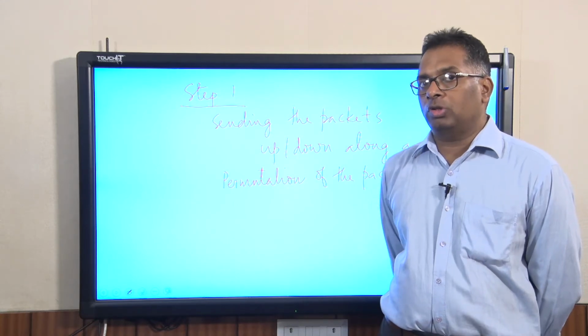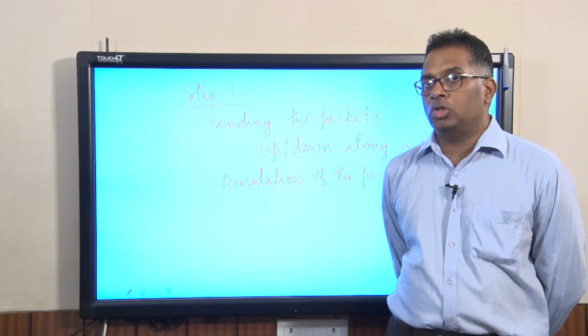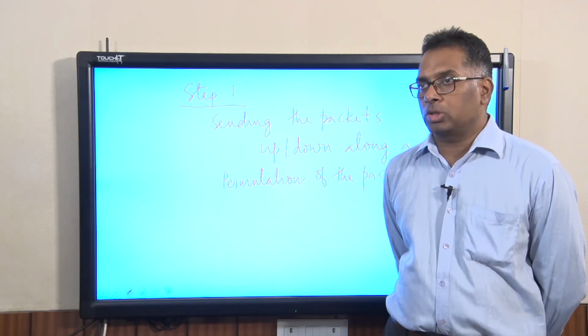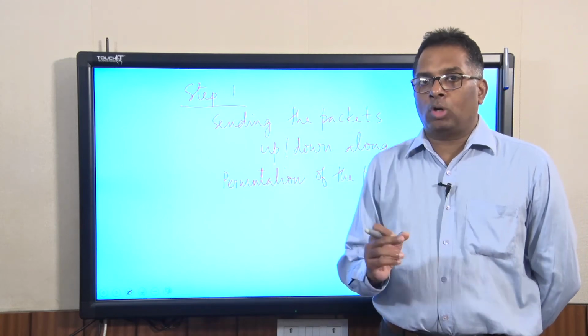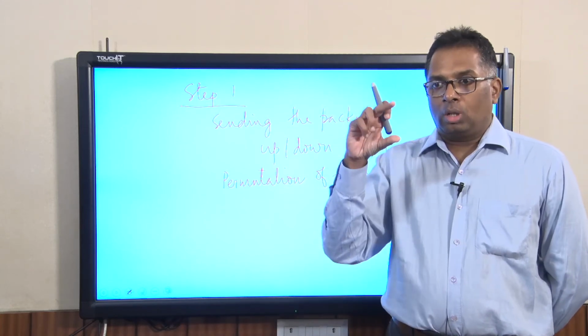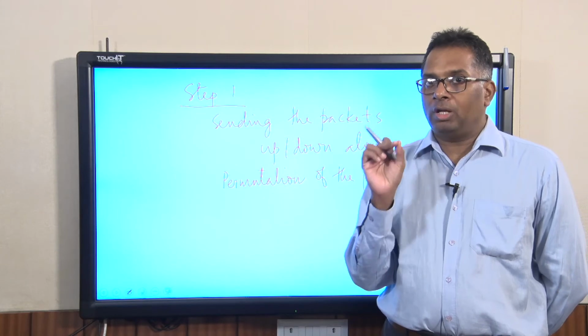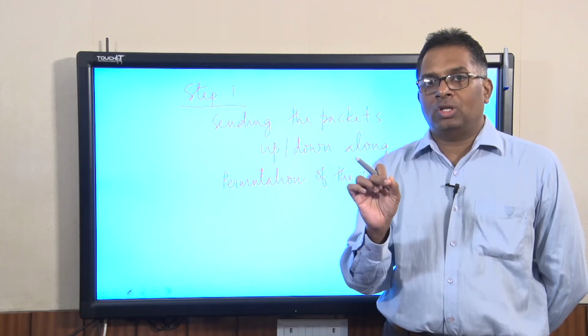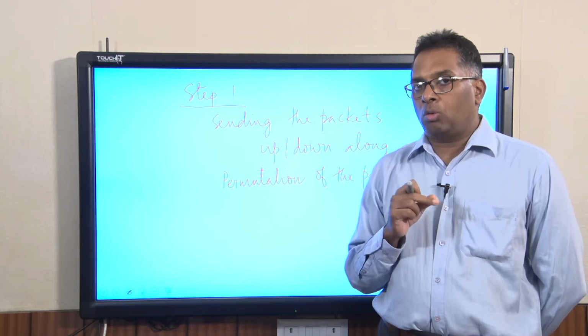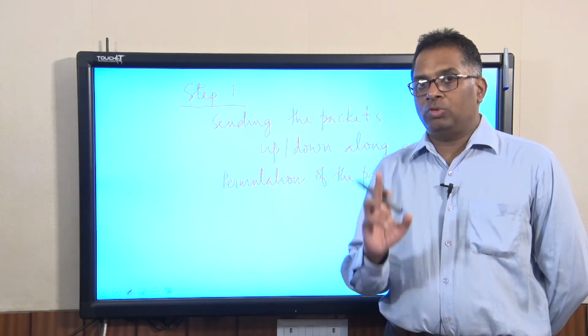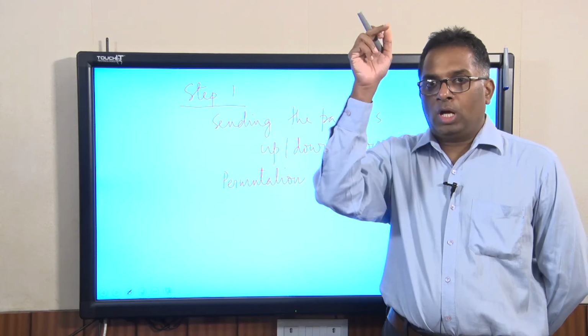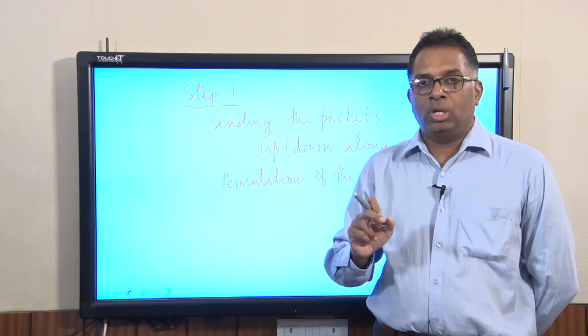So at every processor we assume that there is one incoming message from each of its neighbors. So there is one message coming down from the top and one message going up from the bottom. The processor has to accept these two messages, decide if one of them is destined to itself. If it is, then it is taken out of the queue, otherwise the messages have to be sent along their way. The message which came from the bottom has to be sent up, and the message which came from above has to be sent down.